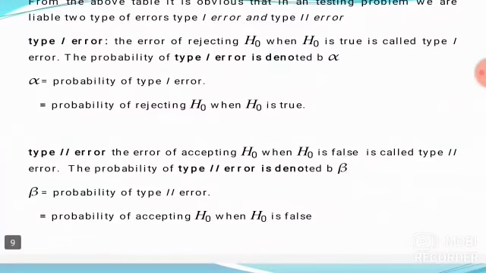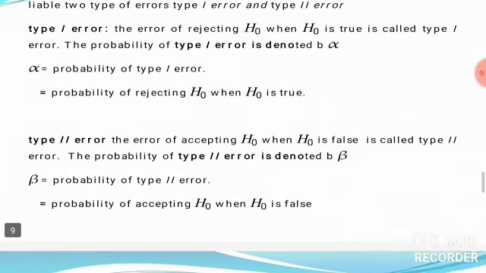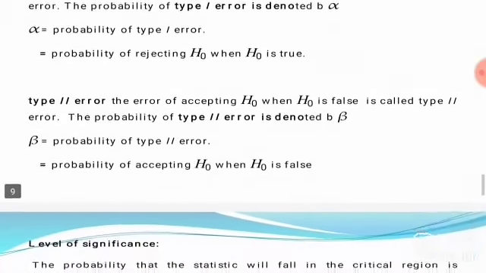Type second error is the error of accepting H0 when H0 is false. The probability of type second error is denoted by beta.